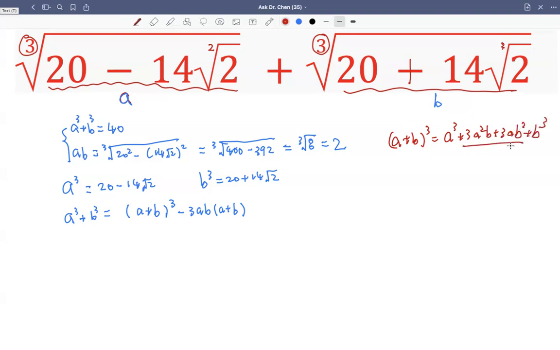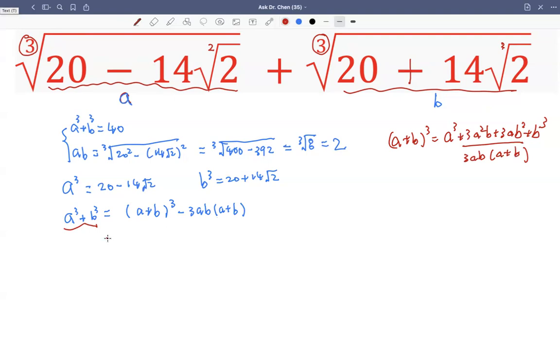And these two middle terms have a common factor of 3AB, so I have 3AB times A plus B. That's why A cube plus B cube equals the perfect cube minus the middle term.